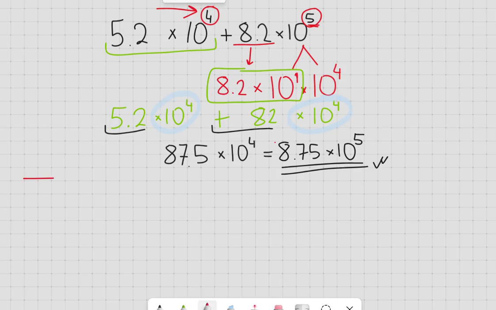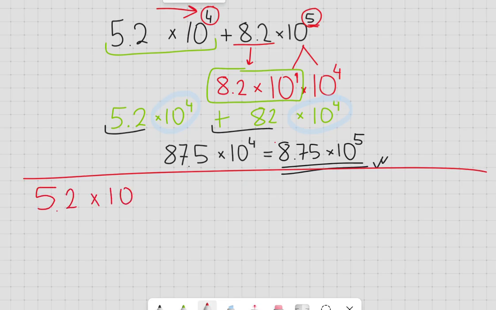Now I told you there is another way to do this. Let me copy the numbers again. 5.2 multiplied by 10 to the power of 4 and 8.2 multiplied by 10 to the power of 5. What you can do is, you can make the first one 10 to the power of 5. But in order to make it 10 to the power of 5, there has to be 10 to the power of minus 1, right?